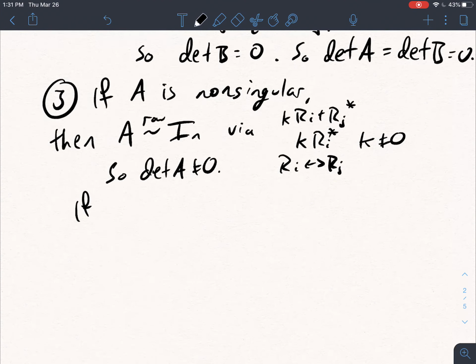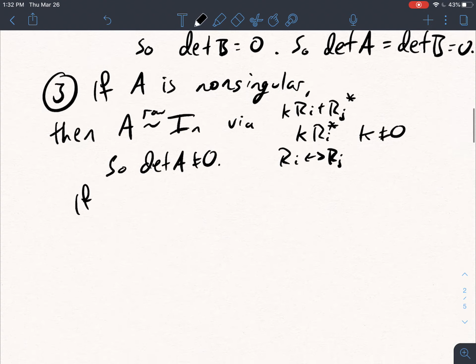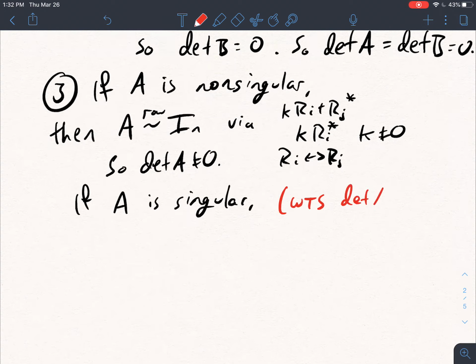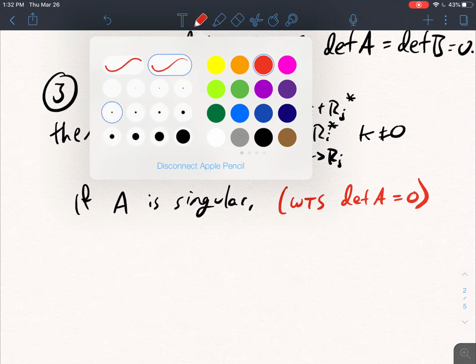For the other direction, I could assume that the determinant is non-zero and show that A is non-singular, or I could show the converse of that, which is what I'll do. I'll say that if A is singular, then I want to show that the determinant of A is equal to 0.